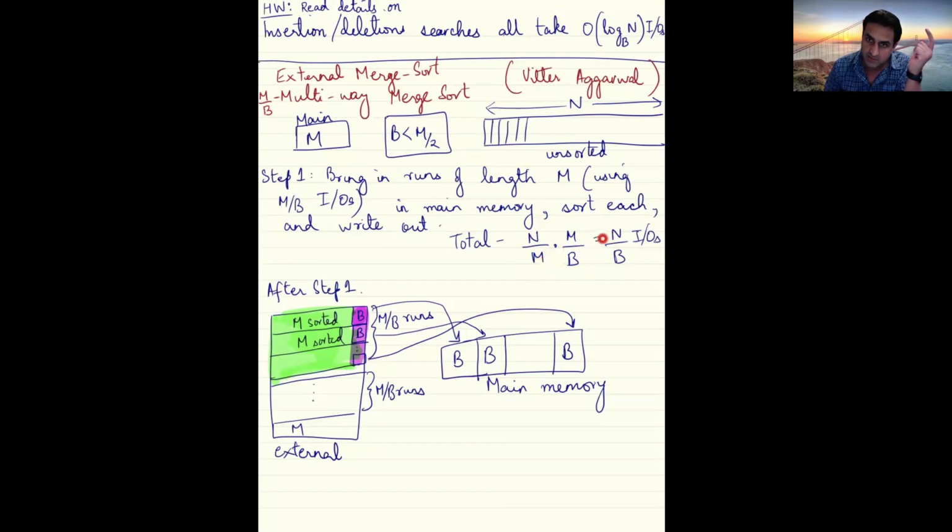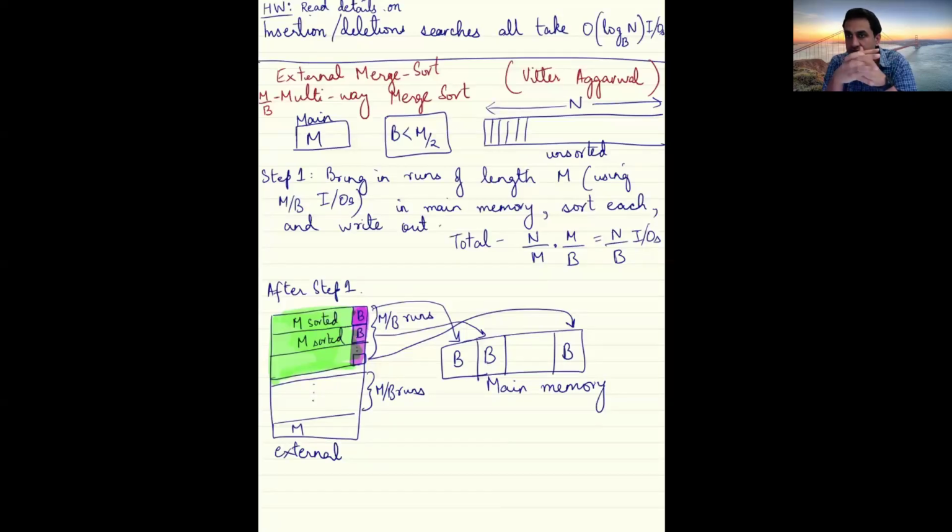The M cancels. So basically in N over B IOs, which is the scan bound, what have I done? I have taken my unsorted data and I have made sure that every chunk of size M is sorted. Does this make sense to everyone so far?